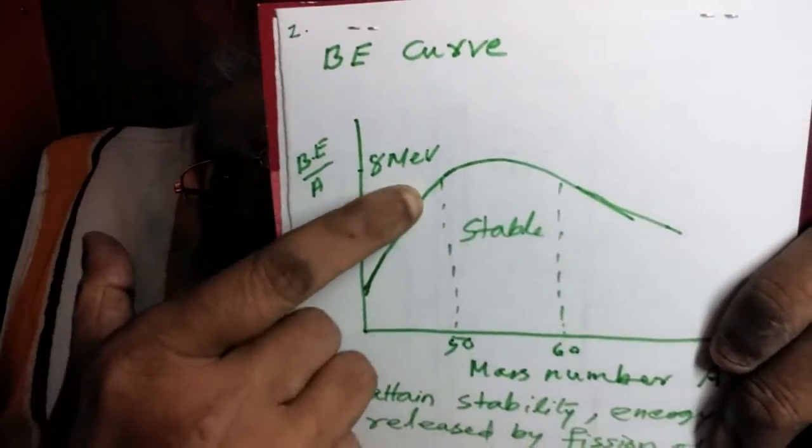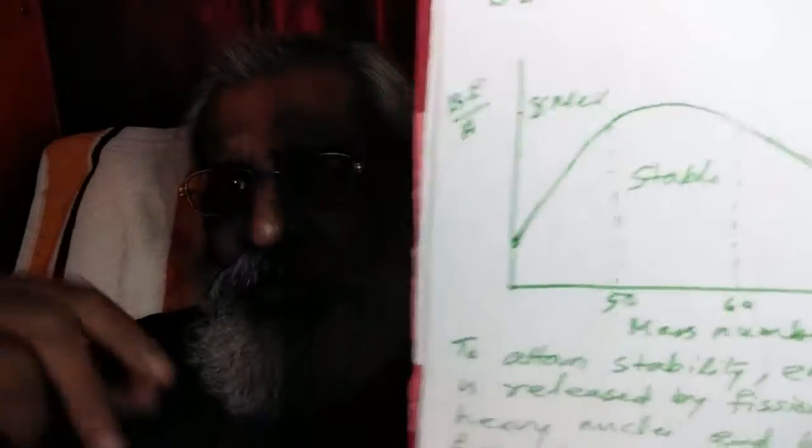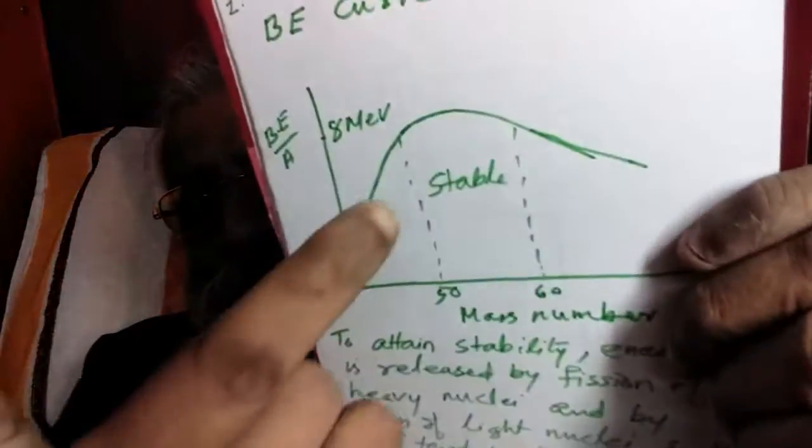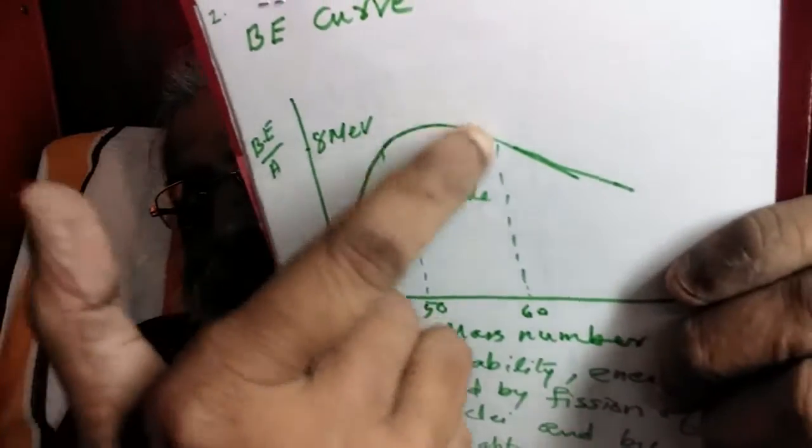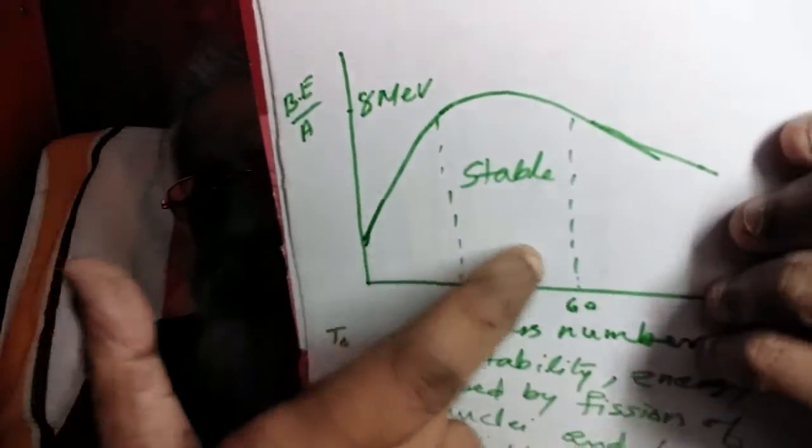Light atoms, in order to acquire stability, will try to become more massive to come into this range. That is, light atoms will show a tendency to fuse together to acquire more stability, that is, to fall into this range. That is why fusion is possible.